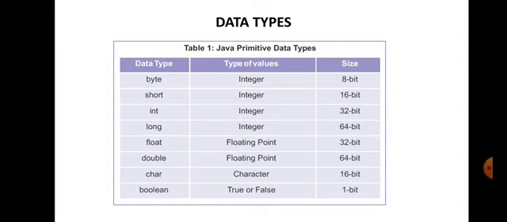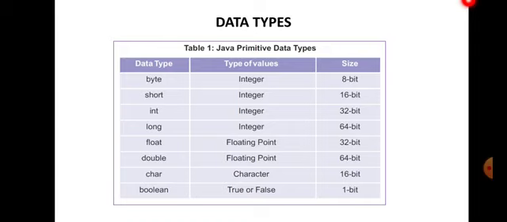Now before that, Java primitive data types are given. What are Java primitive data types? Let us discuss that. A Java primitive data type can have only a single value. So if it has a single value, then it is called a primitive data type. They do not have any special capabilities.